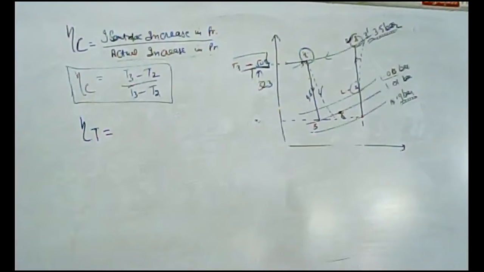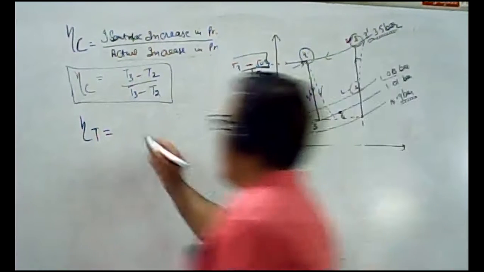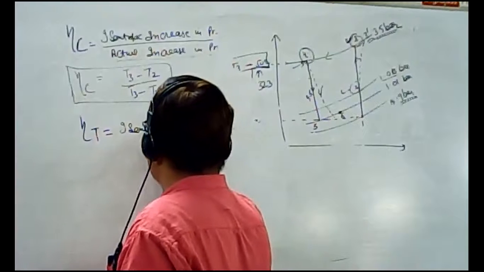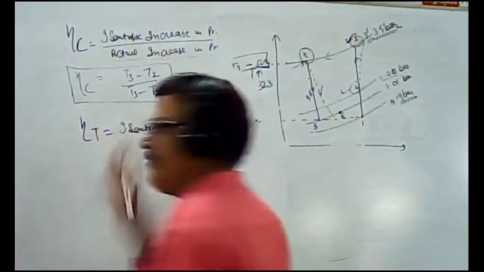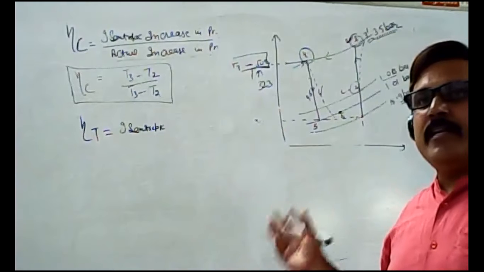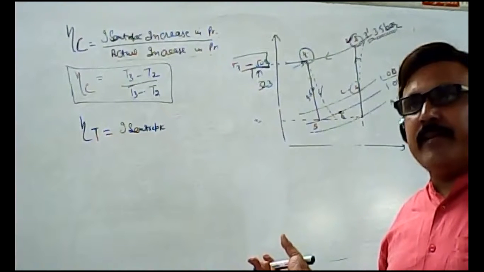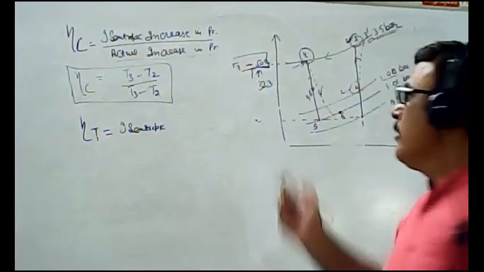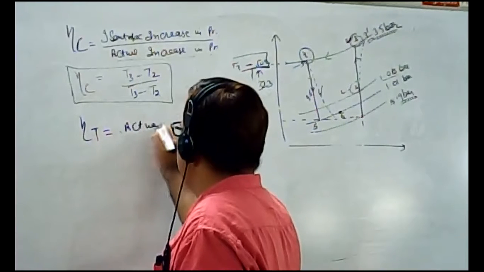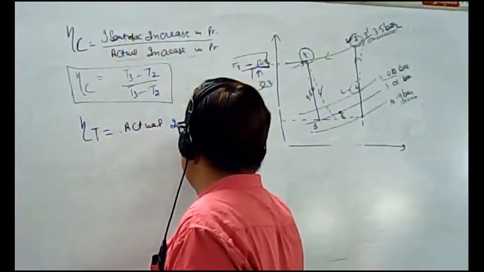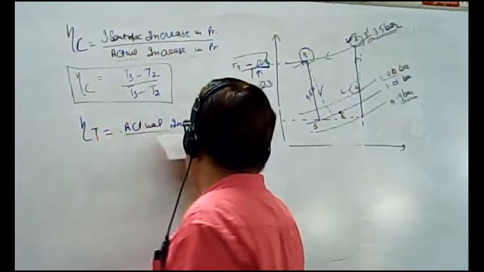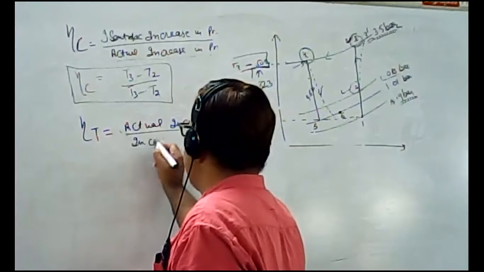Isentropic, how much pressure is varying, temperature is varying. Isentropic increase in temperature over, in this case, actual increase in temperature over isentropic increase in temperature.